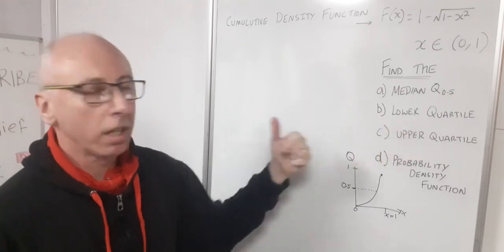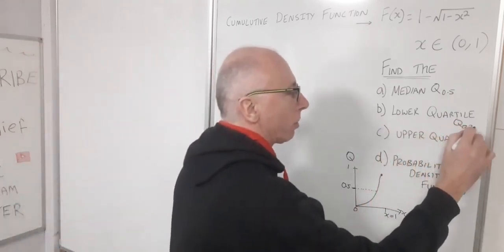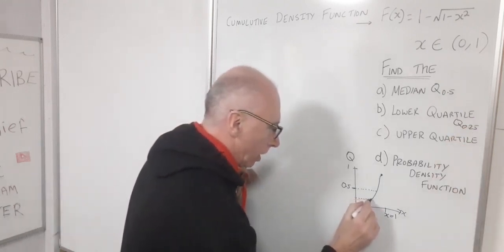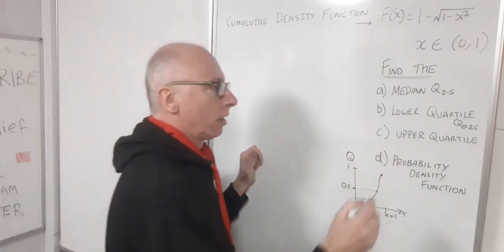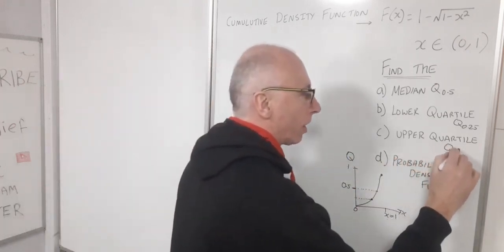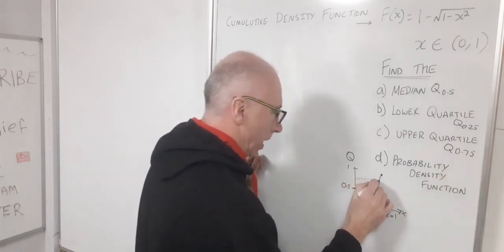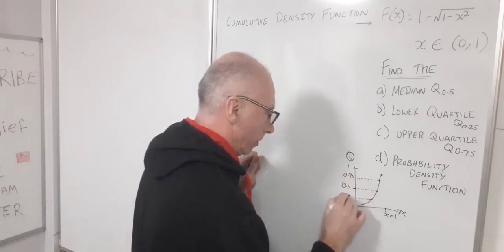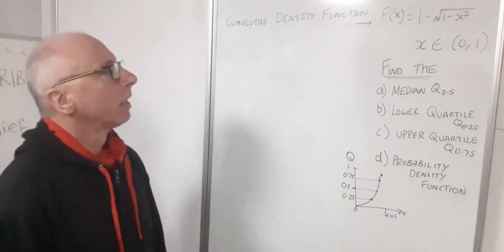Our lower quartile is at 0.25, so that would be the 0.25 quantile, and that one would be at this point. And the upper quartile, of course, is the 0.75, so that would be at this point here. Okay, so that's the bits we're trying to find here.